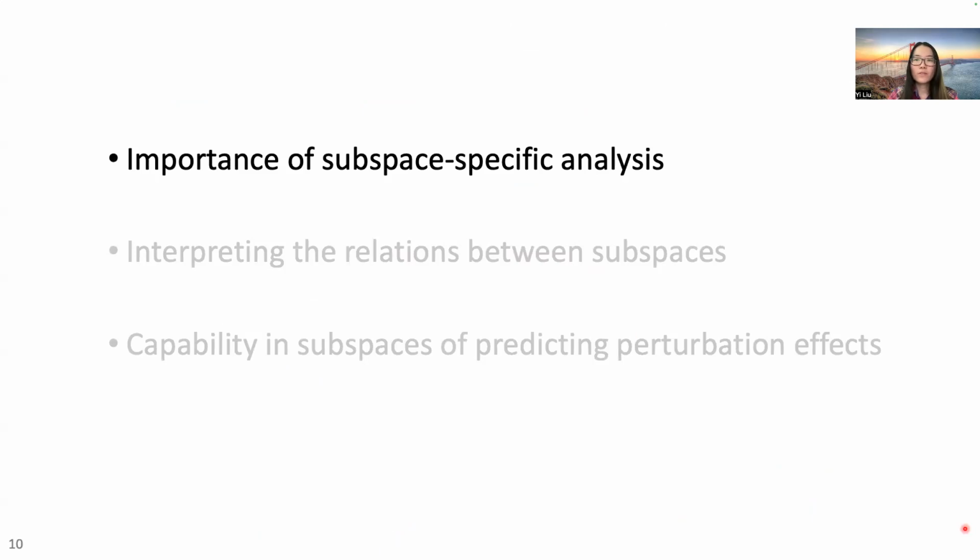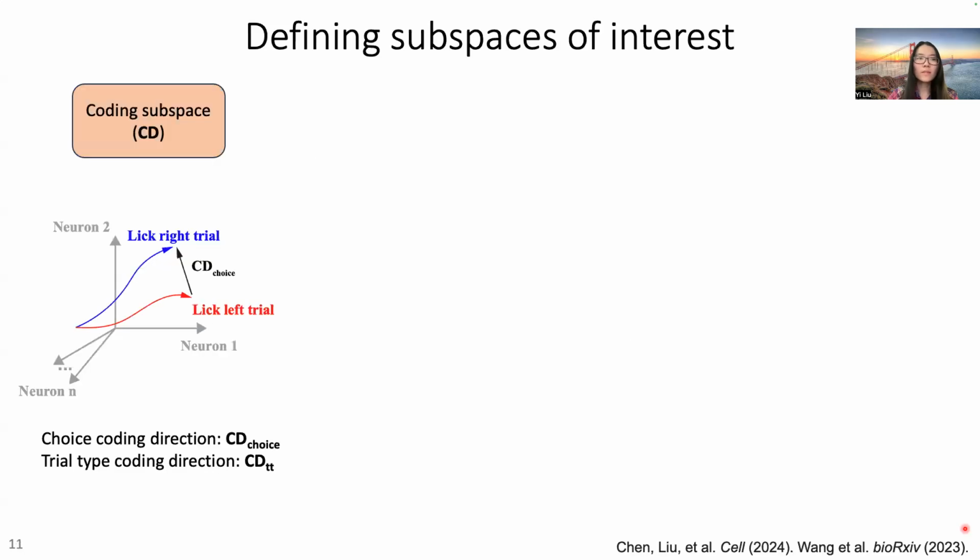Now, let's start from the first question. Why is it important to investigate different subspaces? As a first step, we need to identify the subspaces of interest. Previous studies have found the coding subspaces that maximally encode choice and trial type, which is the instructed lick direction.